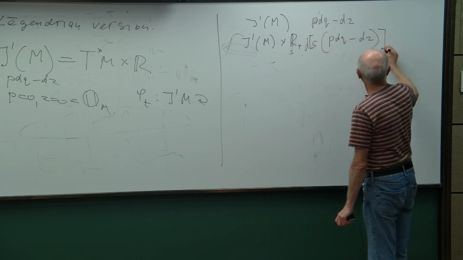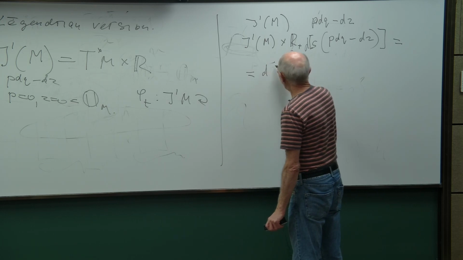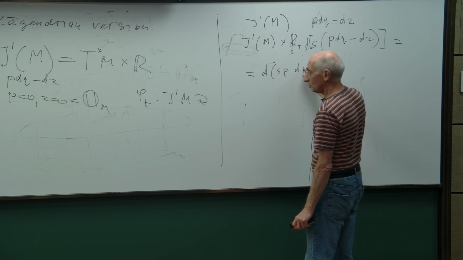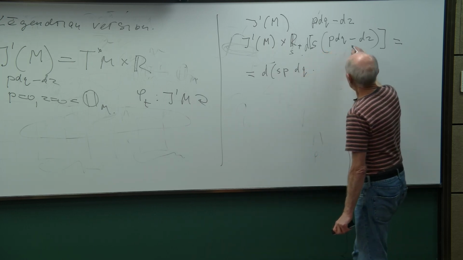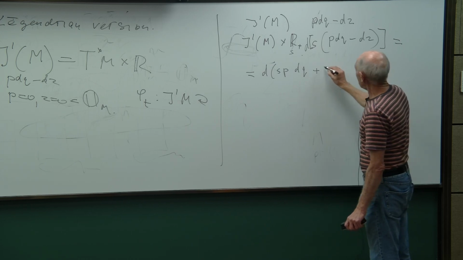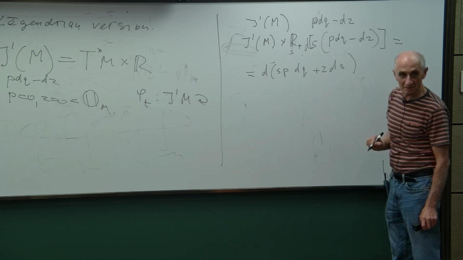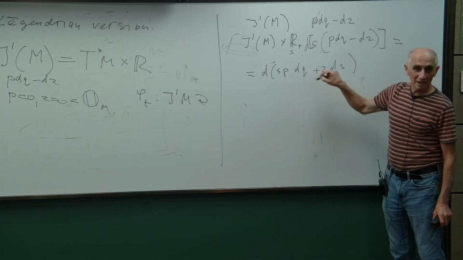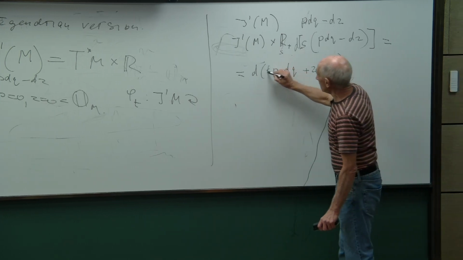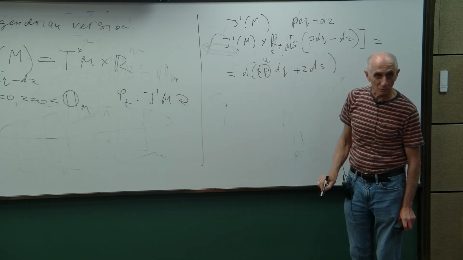And what is this? This is, of course, d of s p dq, and minus s dz, but I want to write plus z ds instead. So I want to rewrite this one. Now I just change variables, I call this u.